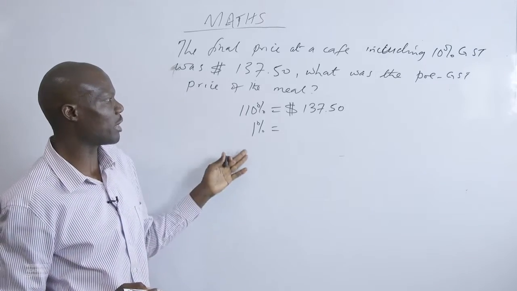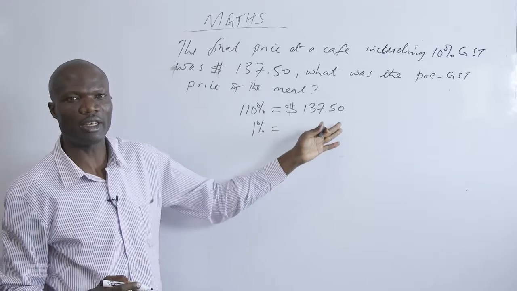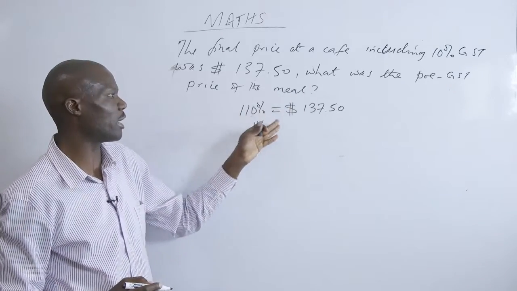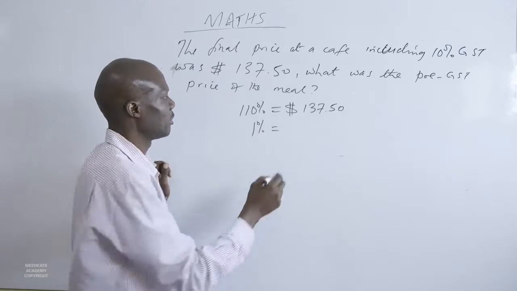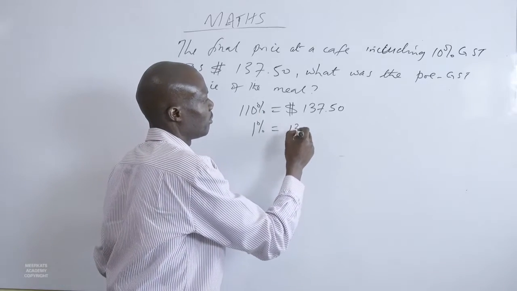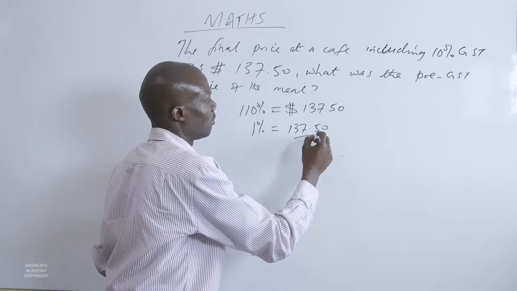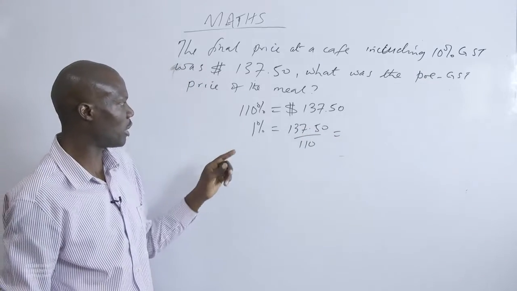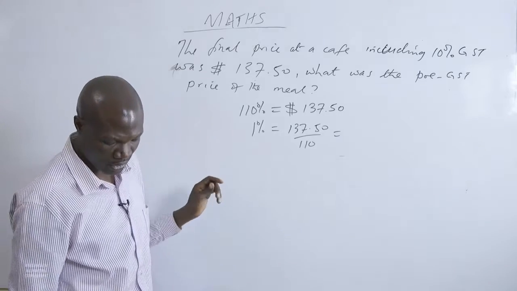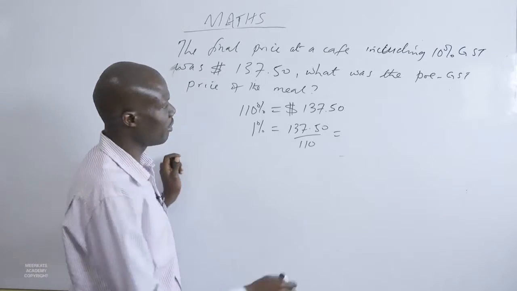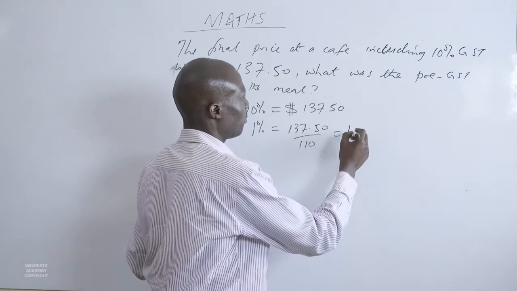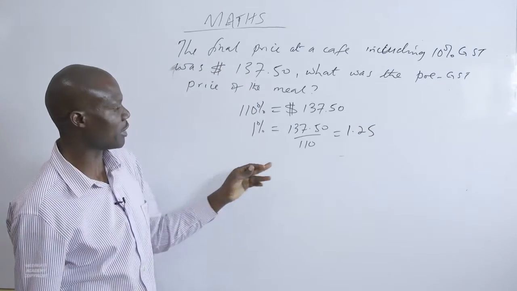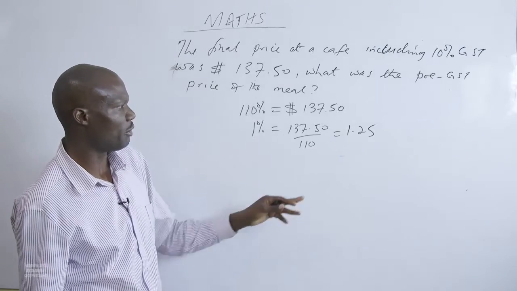If we choose to use the unitary method, then we shall ask ourselves, what is the value of 1%? 1% will be equivalent to $137.50 divided by 110. When you do this, because you are looking for the value of 1%, it will give us $1.25.